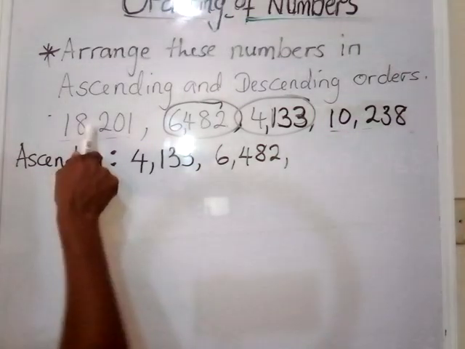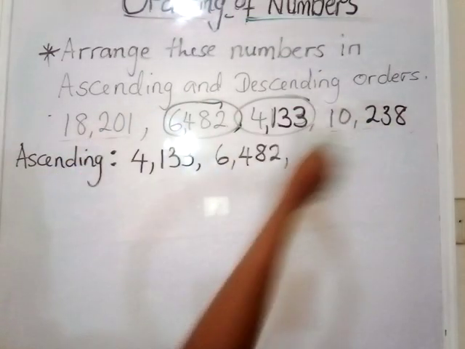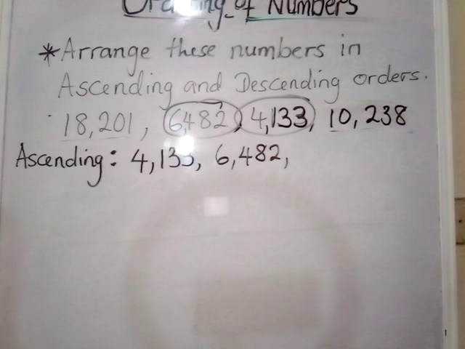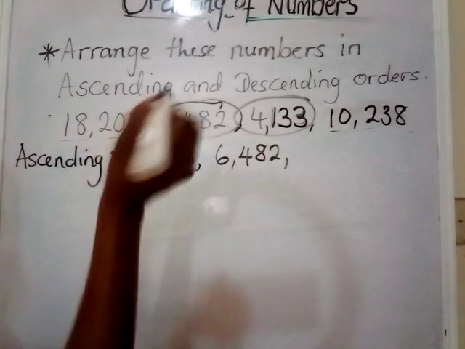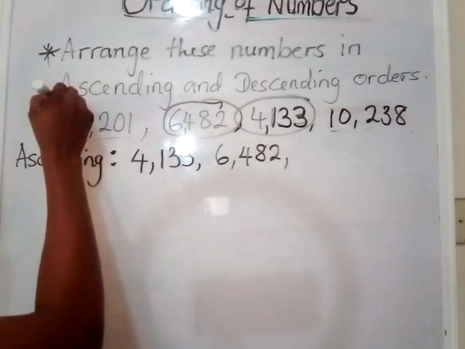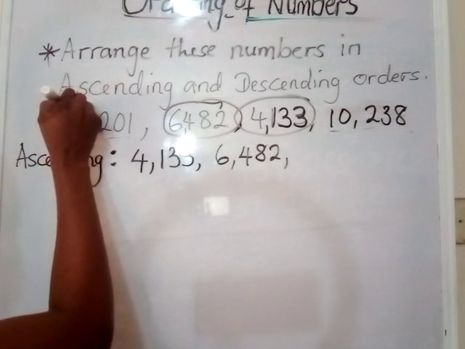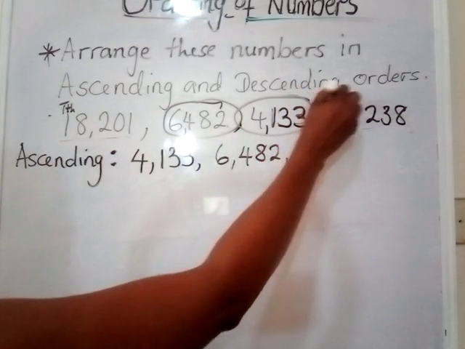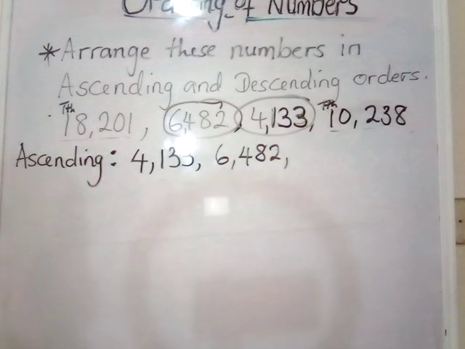We now have these two numbers left, and both of them have 5 digits. So again, how do we determine which is smaller or which is bigger? So for the position of the highest value, which is tens of thousands, both of them have 1. They both have 1 in that position, so we can't say which is bigger.